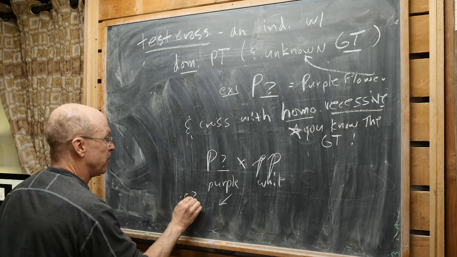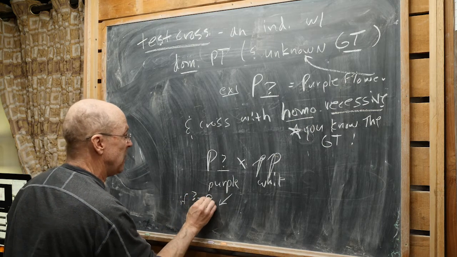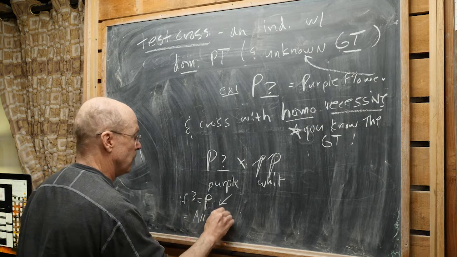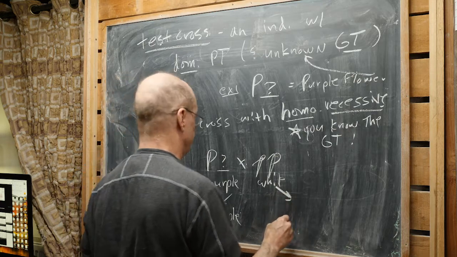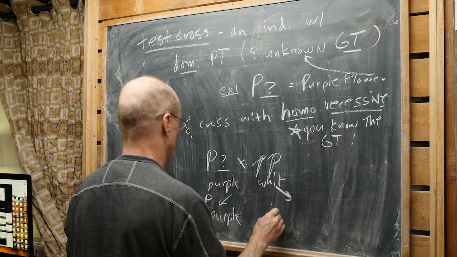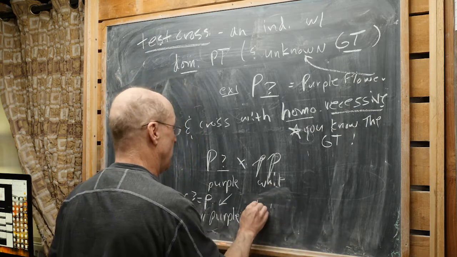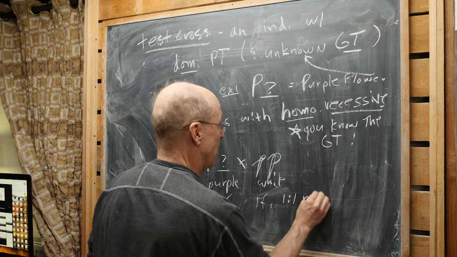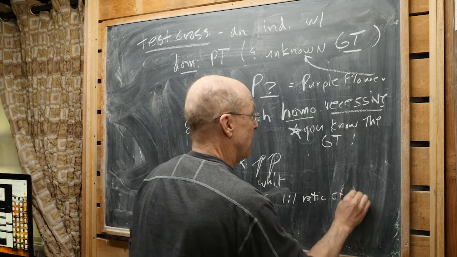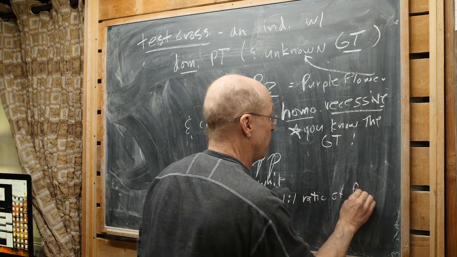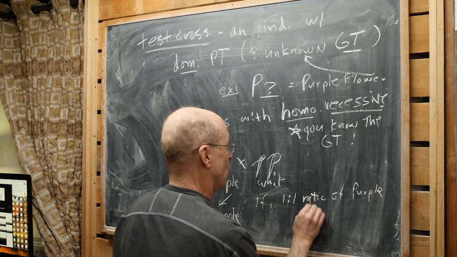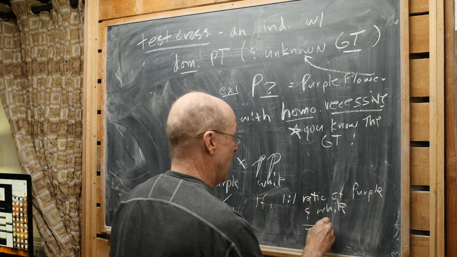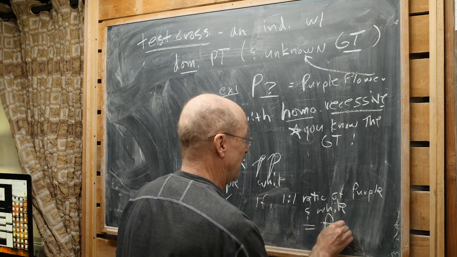If question mark equals big P, then they're all purple. If in the cross there's a 1-to-1 ratio of purple and white, it is a heterozygous, big P, little p.